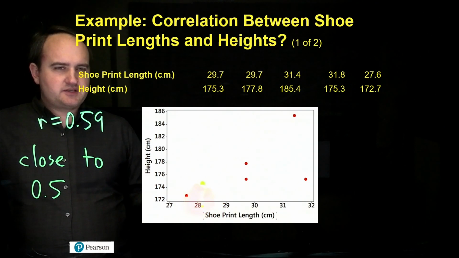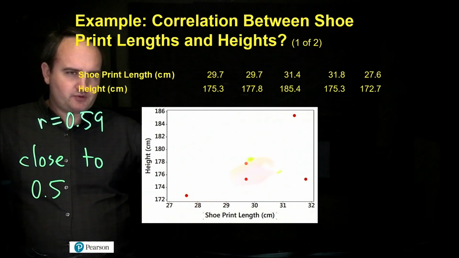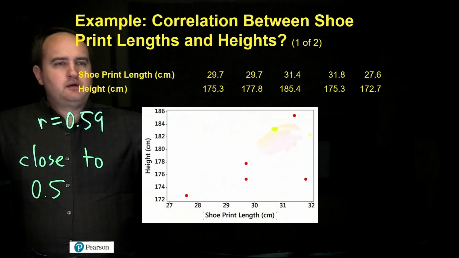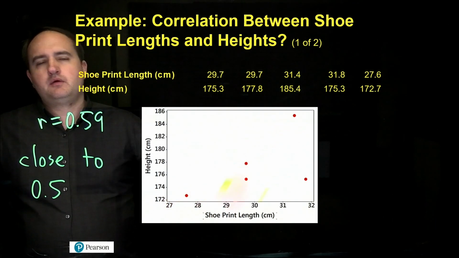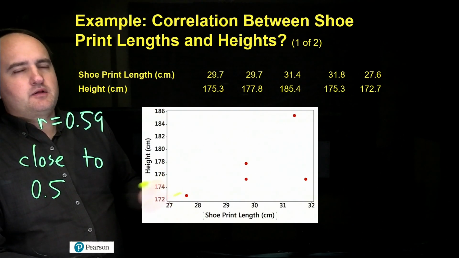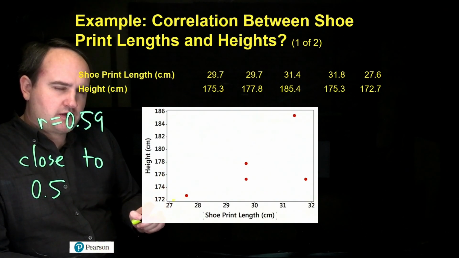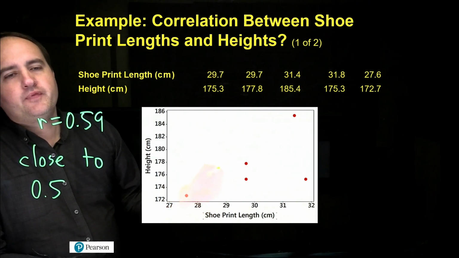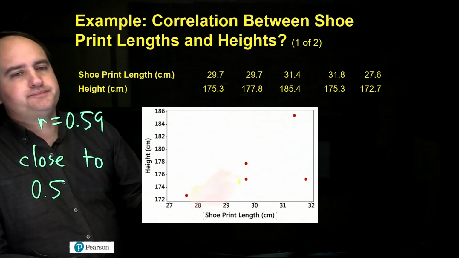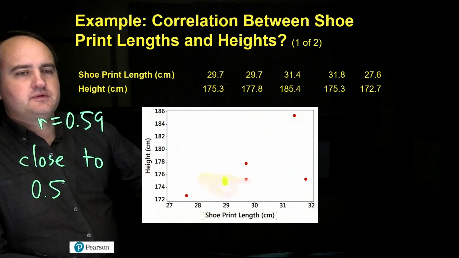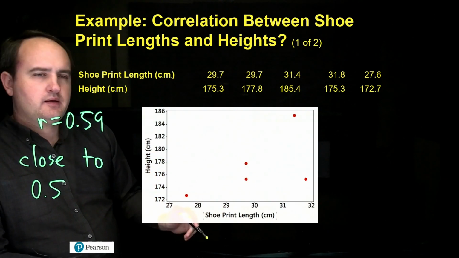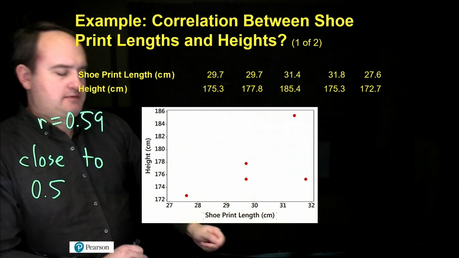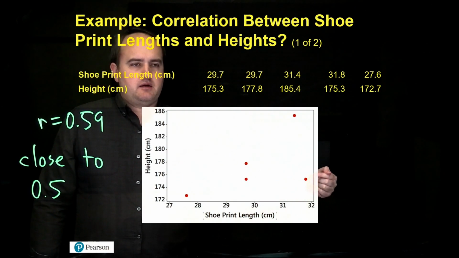And we can see that just looking at the graph, right? It's difficult to know exactly where to draw a diagonal line, but at the same time, as we go from left to right, it does look like the average height is increasing from left to right. But then we have this one right here, which kind of seems out of place.